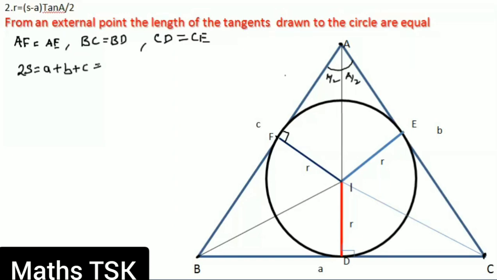a plus b plus c means a is nothing but BC, b is CA, and c is AB. So BC plus CA plus AB. I can write BC as BD plus DC, CA can be written as CE plus EA, and then AB can be written as AF plus FB.